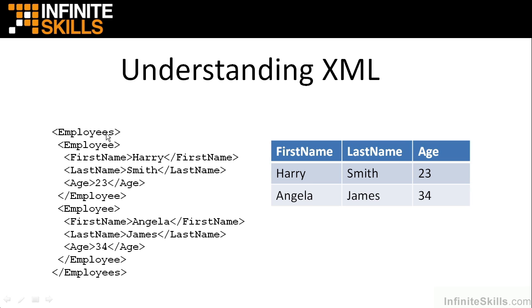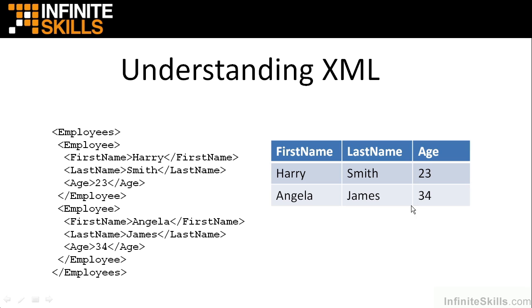This is plural up here. This is the name of the table. This is the row name. So we have a row here, first name Harry, last name Smith, age 23. And notice how the data itself is inside an opening and closing tag that describes that data. Then we have a new row, first name Angela, last name James, age 34. And you can see how that corresponds over here.